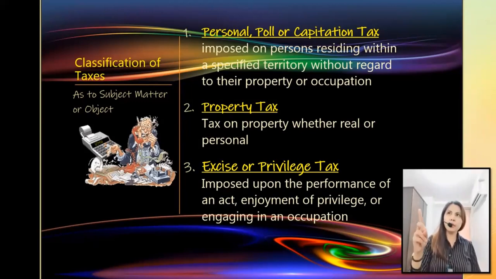Let us not confuse the word excise here as excise taxes on non-essential goods such as liquor, cigarettes. No, let us not confuse ourselves. This is excise or privilege tax as a classification or kind of taxes with reference to subject matter. Another example is estate tax, donor's tax. These are excise or privilege taxes.